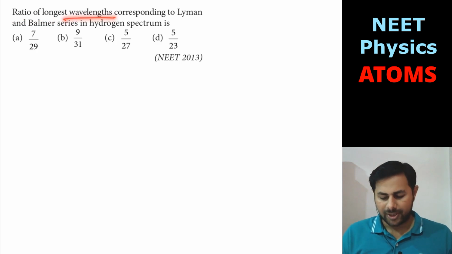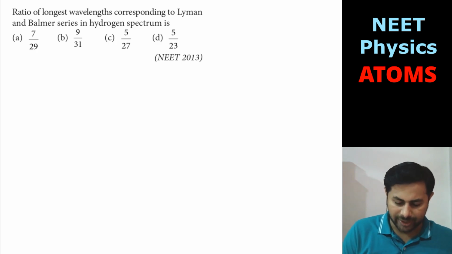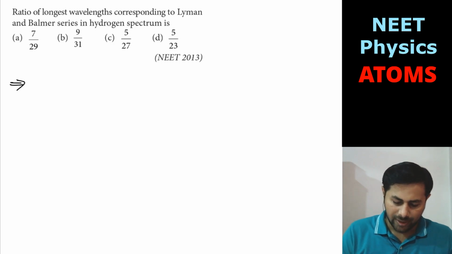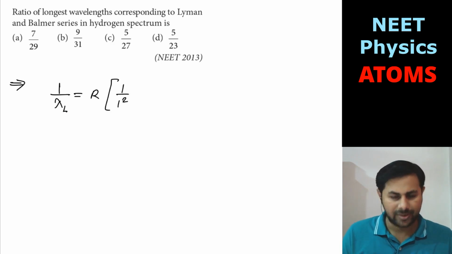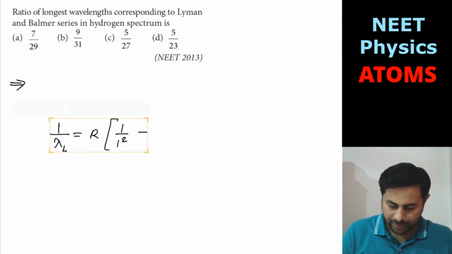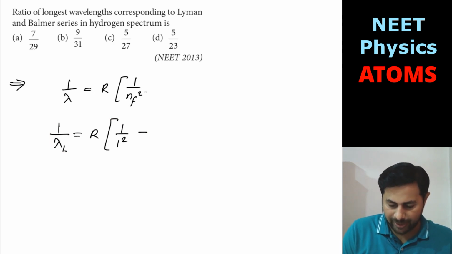Ratio of longest wavelength corresponding to Lyman and Balmer series in hydrogen spectrum is. Now they want longest wavelength. Longest wavelength means electron jumps from just next orbit. So let me write down the formula. 1 by lambda is equal to R multiplied by 1 by nf square, 1 by final orbit square, minus 1 by ni square.